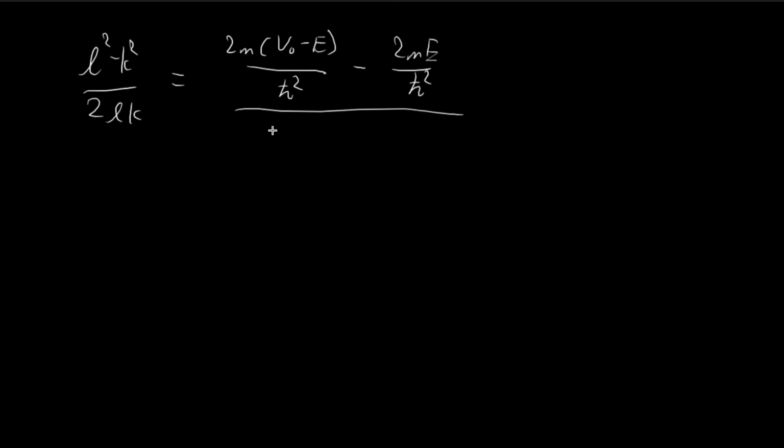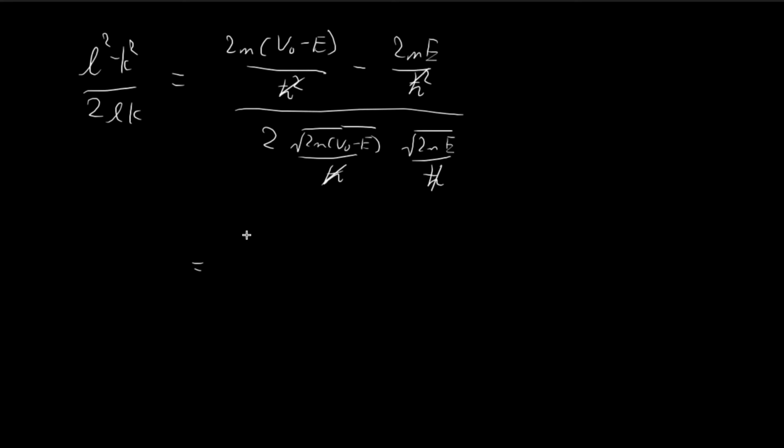And the denominator just becomes 2 multiplied by the square root of 2m(V0 minus E) divided by h bar, and then the square root of 2mE divided by h bar. And you can see already that some of the terms cancel out, so we have an h bar squared in the denominator, so obviously these cancel out, which is always a good thing.